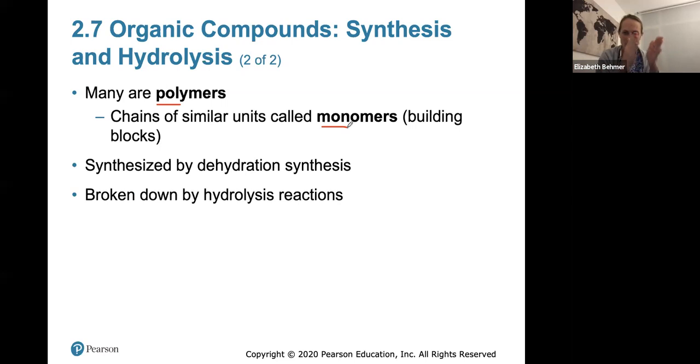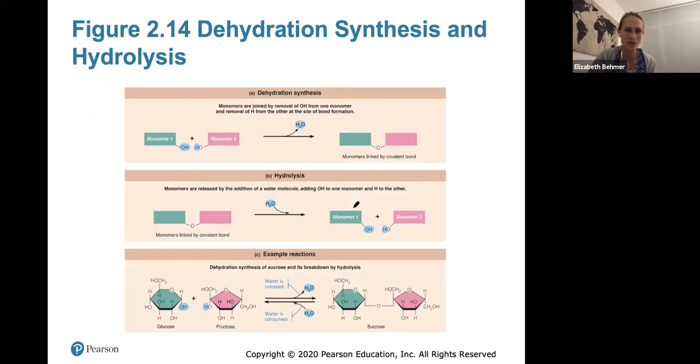So we have all these monomers lining up to create a polymer. And different polymers will make carbohydrates, lipids, and so forth. They're synthesized by what we call dehydration synthesis and broken down by hydrolysis. You don't really need to know how they're made or broken down. But it's interesting to see: dehydration just means that we're creating something.